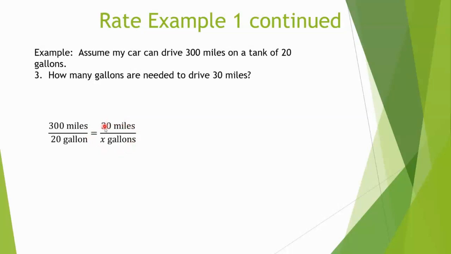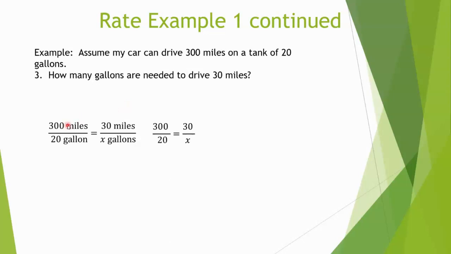Well, that's a rate dealing with us driving, how far we can get per gallon, just like this rate is. So both rates are equal. Both of them deal with how many miles per gallon our car is getting, so they both have to equal. So again, how do we get x? Cross multiply.